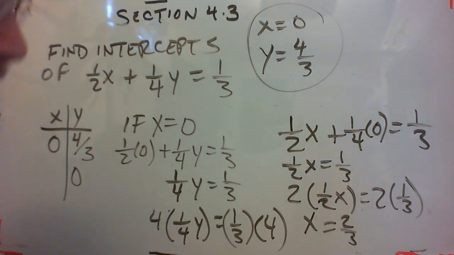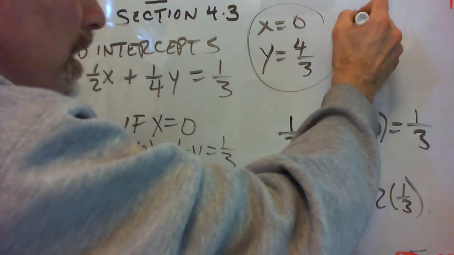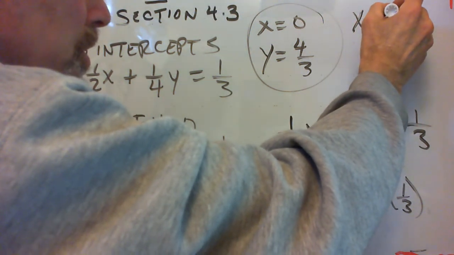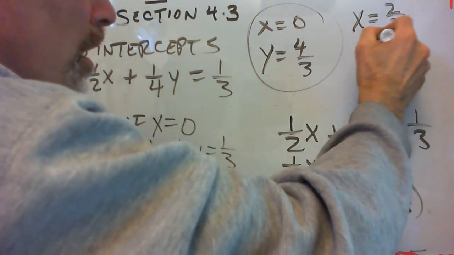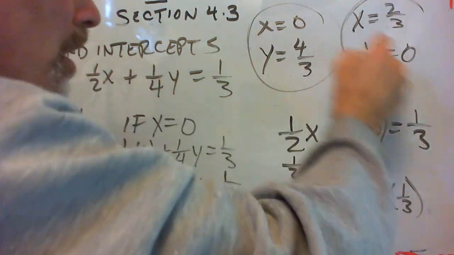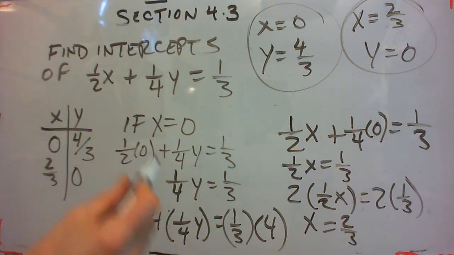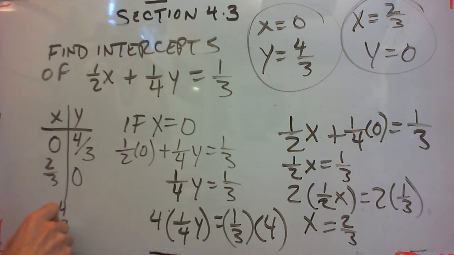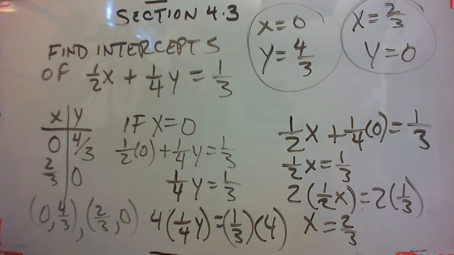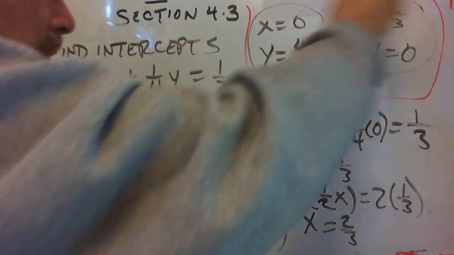So our other intercept is x equals 2/3, y equals 0. You can write it that way, or write it as ordered pairs, 0, 4/3 and 2/3, 0. So either way is fine as far as writing that answer. They mean the same thing.